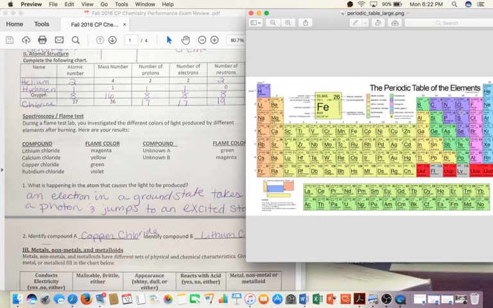So chlorine. Chlorine is our last element, the 4th row. They told you that we have the atomic number of 17 and the mass number of 36.